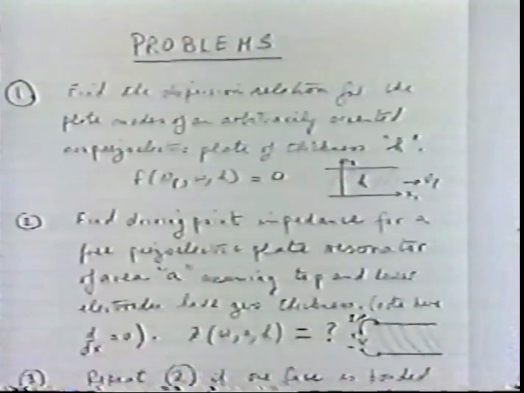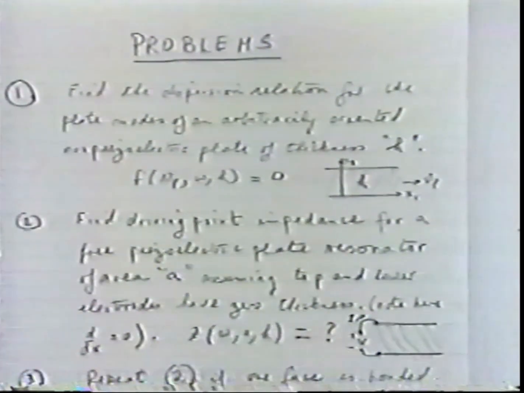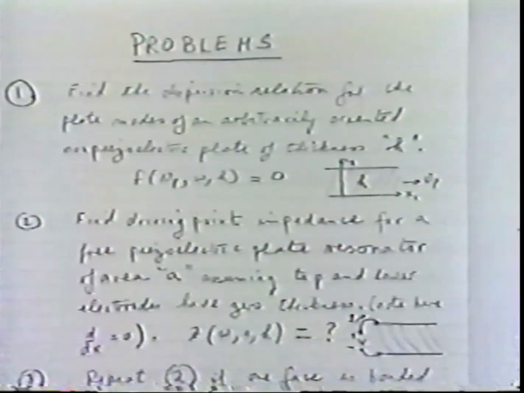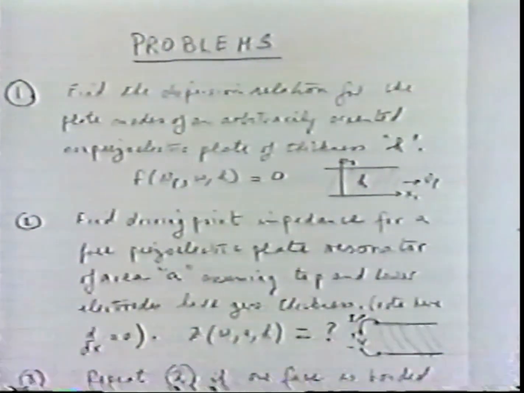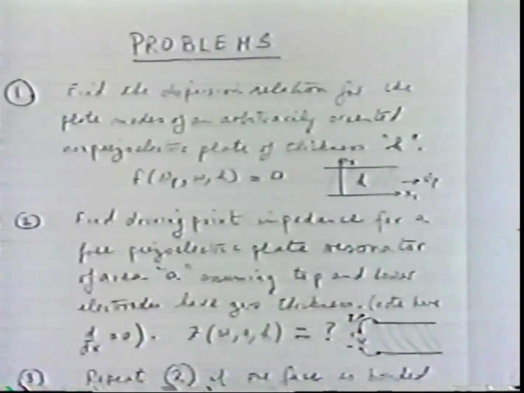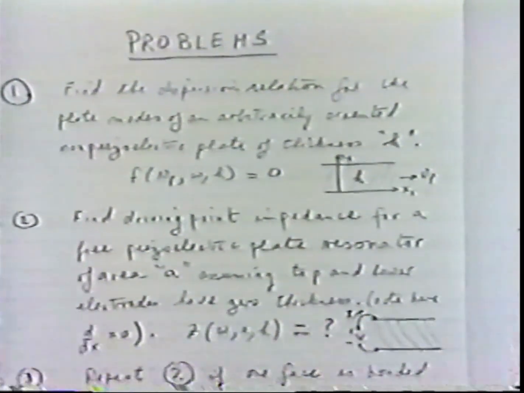And you'll see how, if you can work out a driving point impedance expression. Again, this problem has no propagation parallel to the surfaces, so d by dx is 0. But you have a different boundary condition to satisfy here, in comparison to the top one.